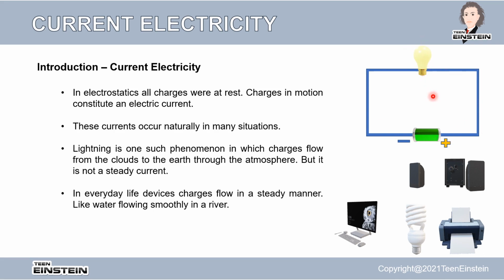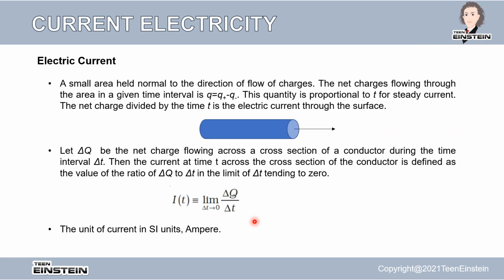So this is an example of a steady current. But the thing that occurs in lightning is not a steady current. So these are the everyday appliances which use electricity. So in everyday life devices, charges flow in a steady manner, like water flowing smoothly in a river.